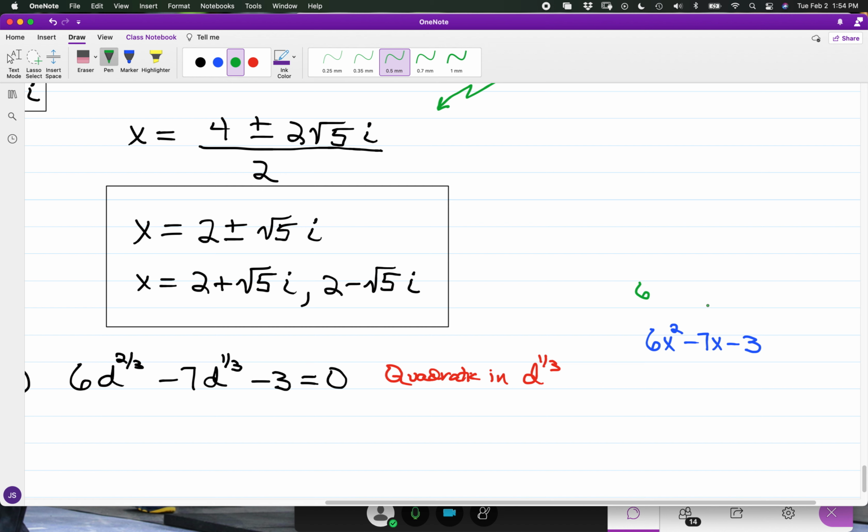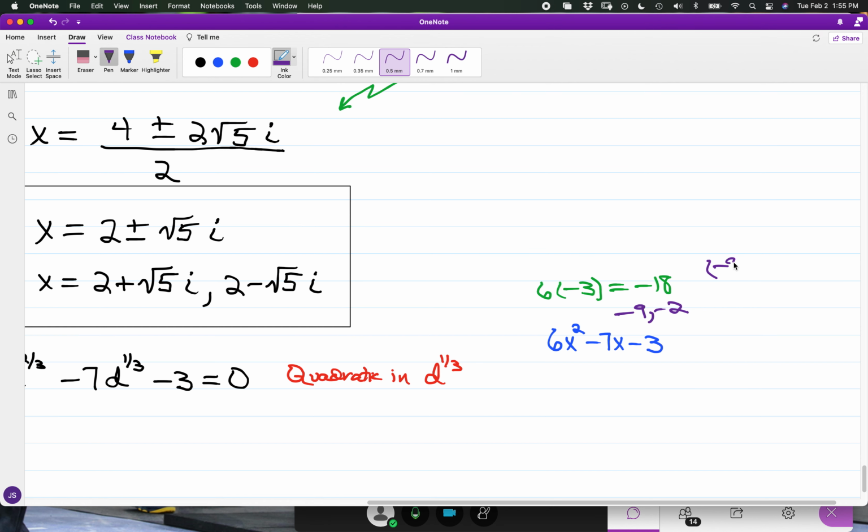Looking at factoring by grouping, you have your first and last coefficients, 6 times negative 3, which is negative 18. I want the factors of negative 18 that add up to negative 7. And those numbers would be negative 9 and negative 2.